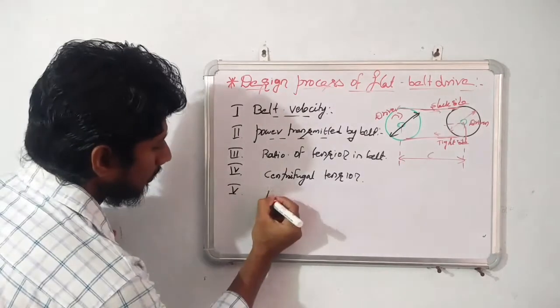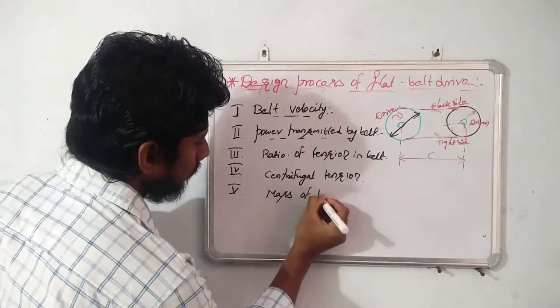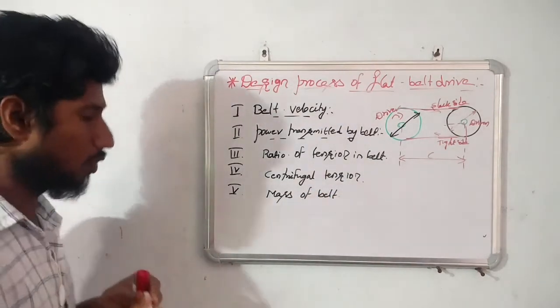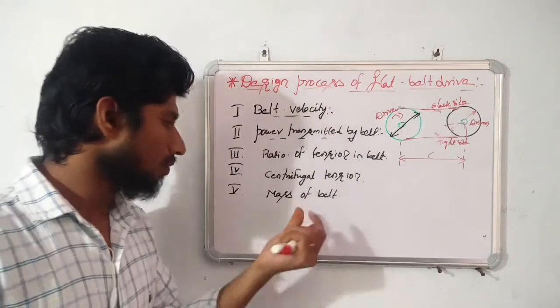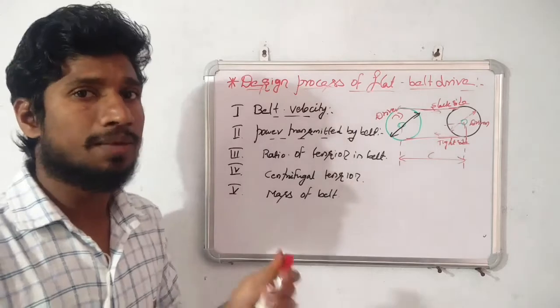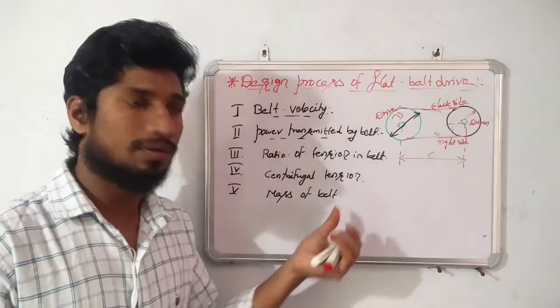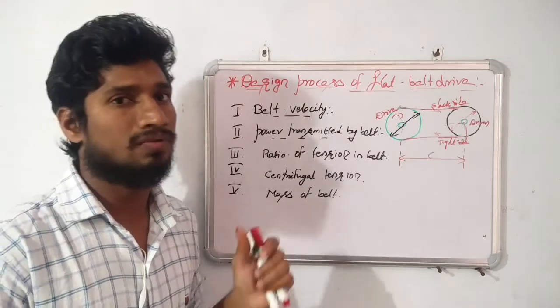And after that, here it is one of the most important steps, the mass of the belt. So with the help of the mass of the belt, in some cases we are going to find out what the width of the belt is. With the help of this, it is easy to find out the width of the belt.